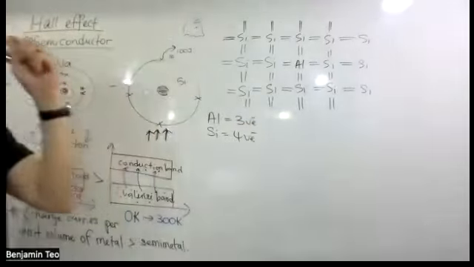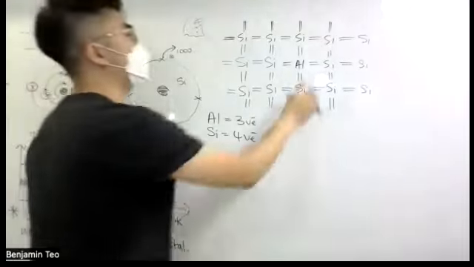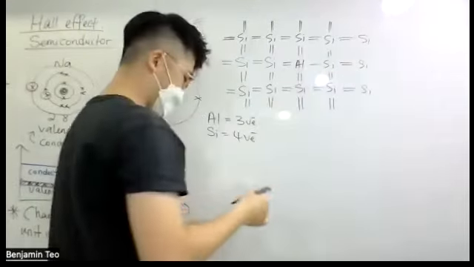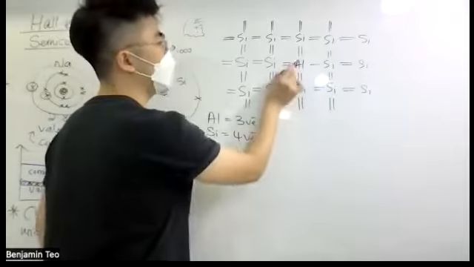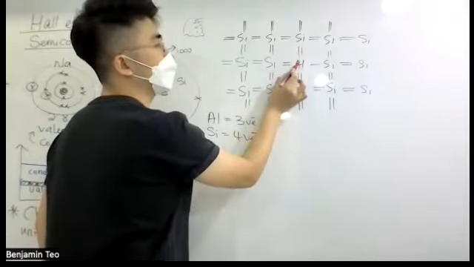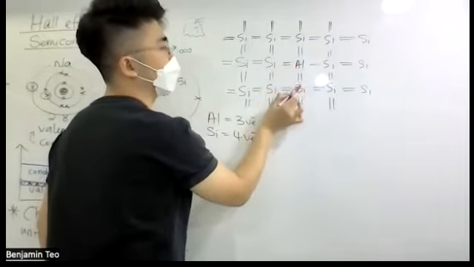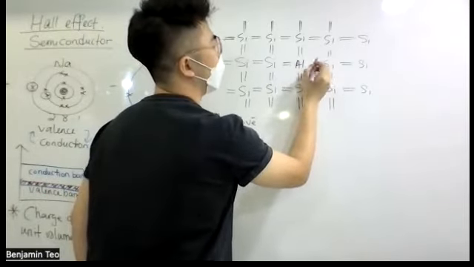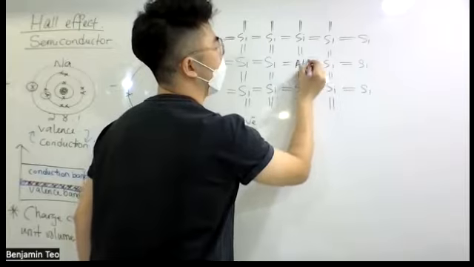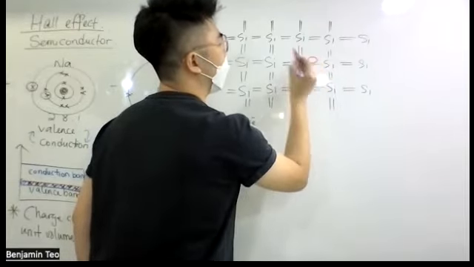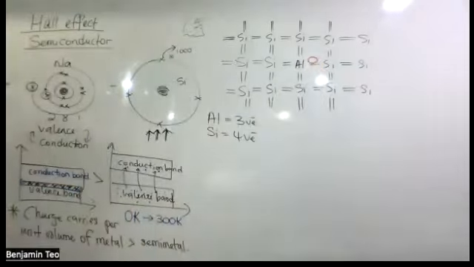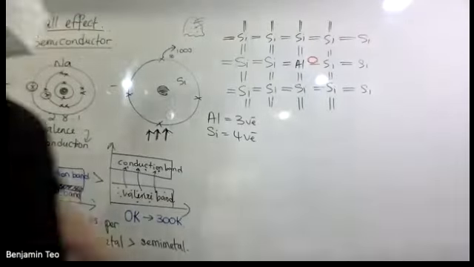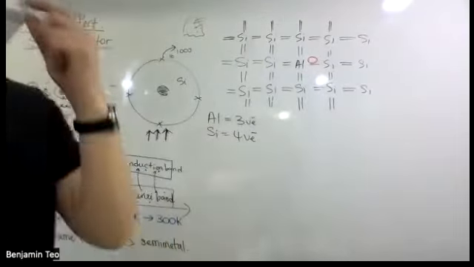So if I replace with aluminium, then there's 1 electron missing. 1 pairs with this one, 1 pairs with this one, another 1 pairs with this one. How about this one? This one is missing, no electron pairs with it. So I will create a hole like this, like a vacancy. A vacancy, this is like absence of electrons.